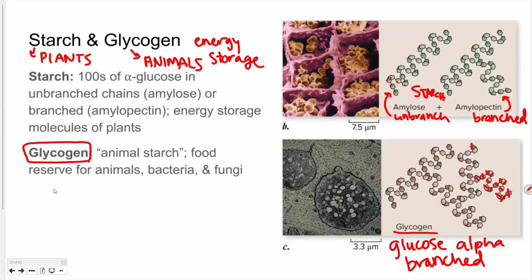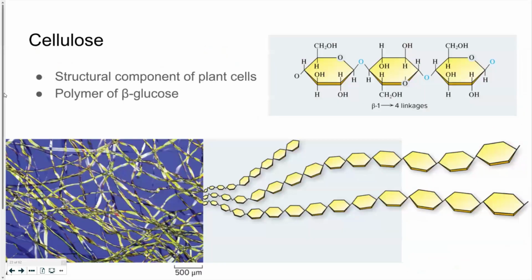And now they don't have that storage anymore, so they have to go and use their fat reserves, which is actually a little bit harder and a little bit less effective. And again, we'll talk a little bit more about that when we get to the cell respiration chapter later in the semester.